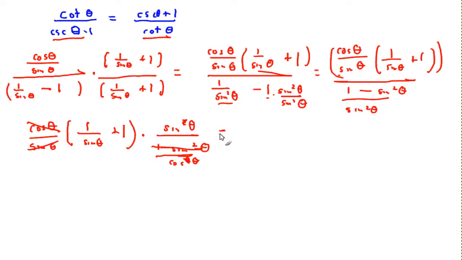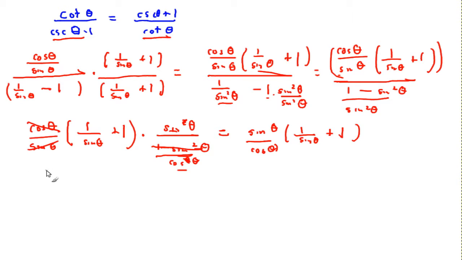So when we write that out, that's going to give us the sine theta multiplied by 1 over sine theta plus 1. Oops, and I also forgot cos in the bottom. So let me write that again.